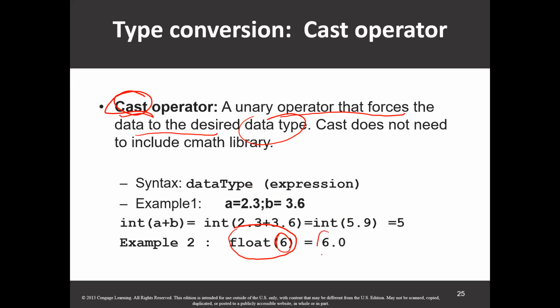So it's going to be 6.0. On the other hand, in the same way, if I say double 3.5, it will print 3.50. It's as if you're telling this number or variable to be double. Okay, this is what the cast operator means.